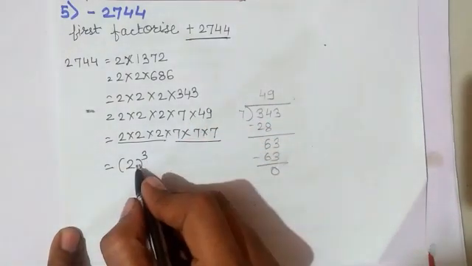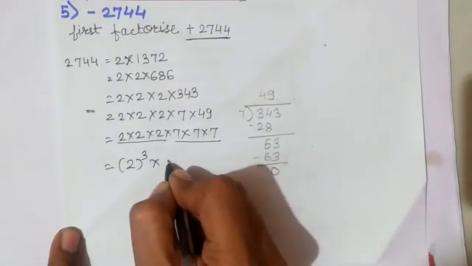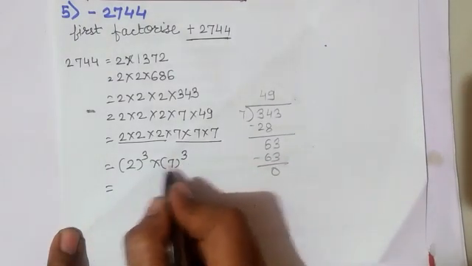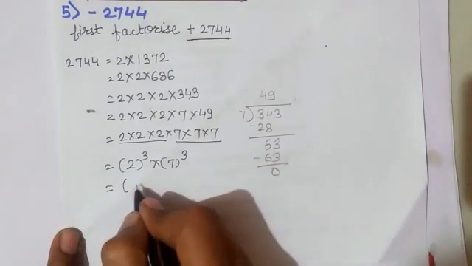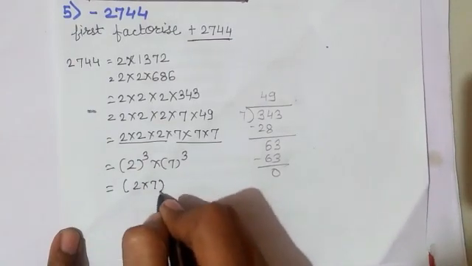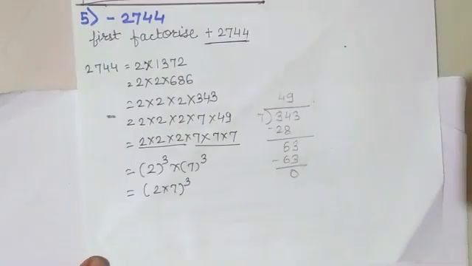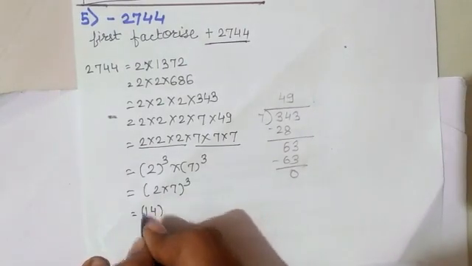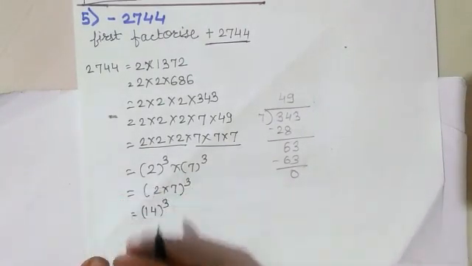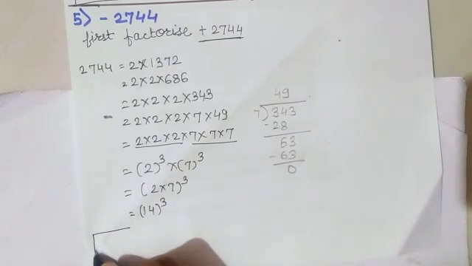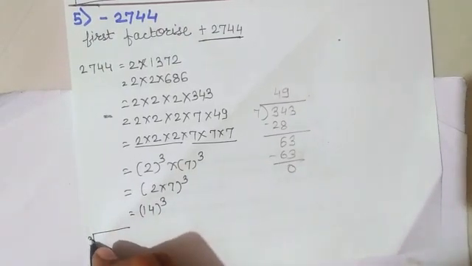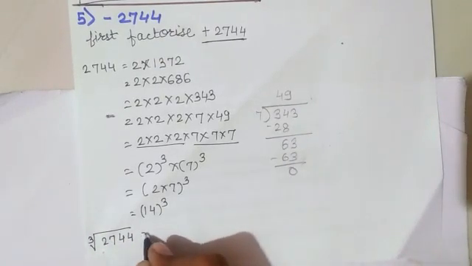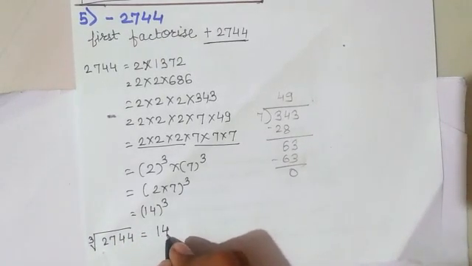Cube root of 2 multiply cube of 7. So instead of these two numbers, we make it common, 2 into 7 in brackets cube. So 2 7s are 14. It's cube. So now we are going to place the symbol of cube root, 2744 and the answer is 14.